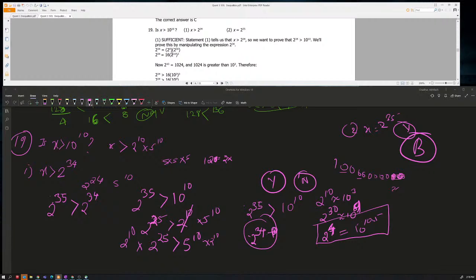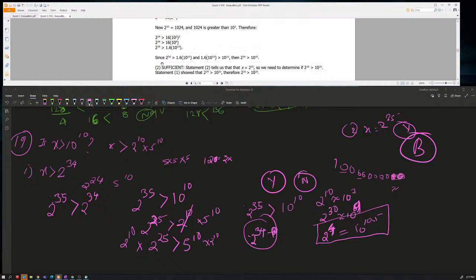So the first one says statement 1 tells us that x is greater than 2 power 34. So we want to prove that 2 power 34 is greater than 10 power 10. Well, we'll prove this by manipulating expression 2 power 34. They did similar to 2 power 34 is equal to 2 power 4 times 2 power 30. So 16 into 2 power 10 the whole cube.